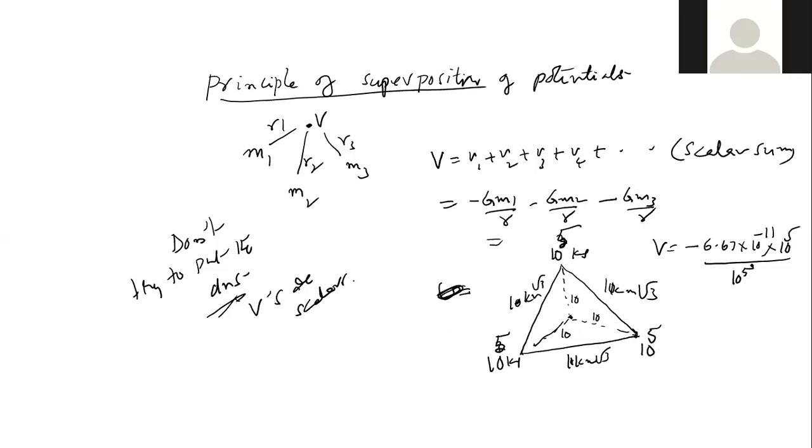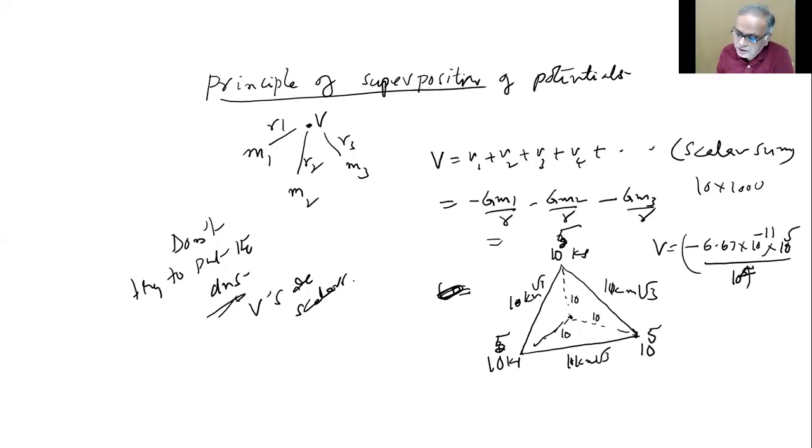10 to the power 5 or 10 to the power 4? 10 kilometers. Okay, what do you say? Yes, sir. 10 into 1000, right? Into 3, can I write straight away? Yes, simply add the potentials.